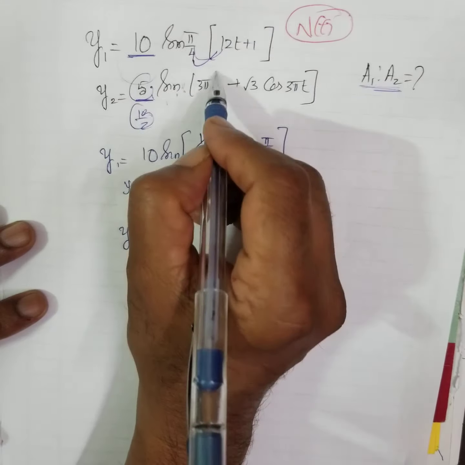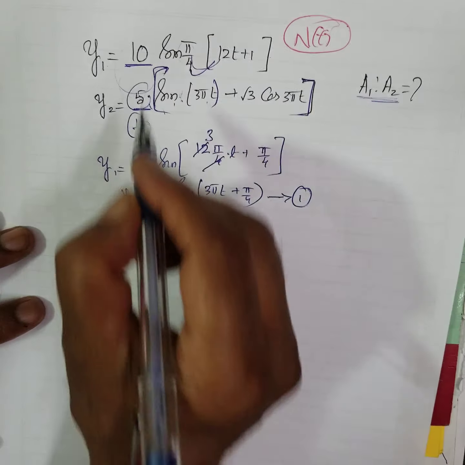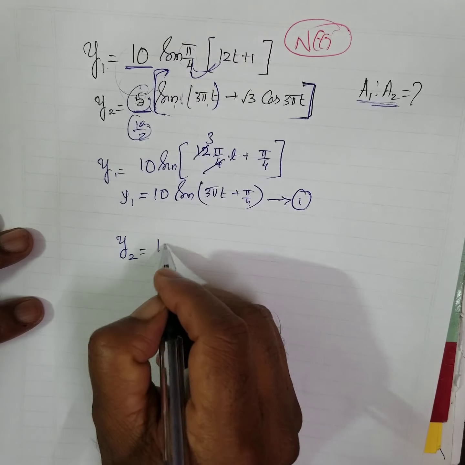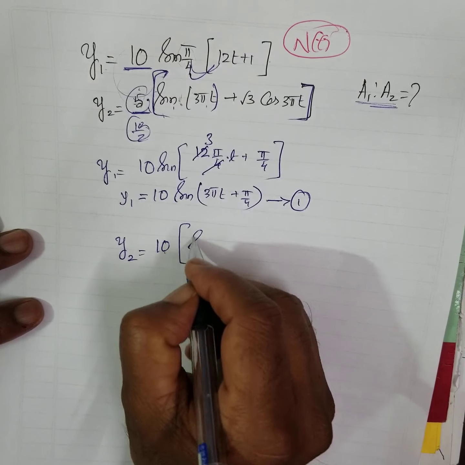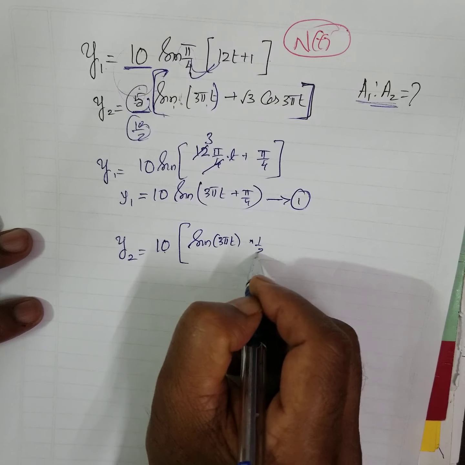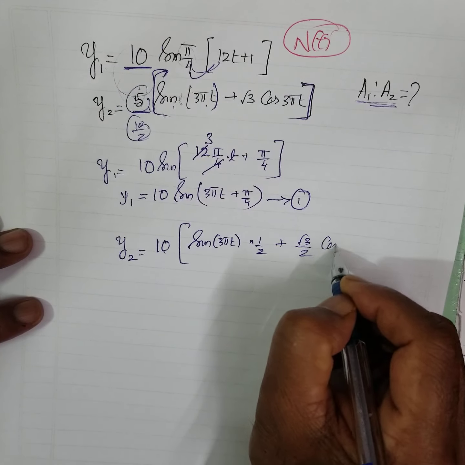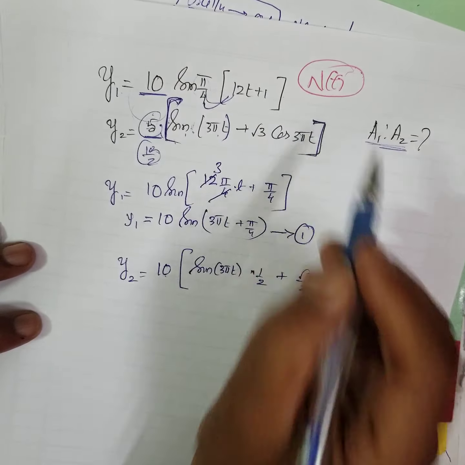Okay, the problem they have given like this. Now you multiply this, take 10. This I can write as 10 by 2, and this 2 I will take inside. Therefore, sine 3 pi t into half plus root 3 by 2 into cos 3 pi t. The bracket they have given like this.